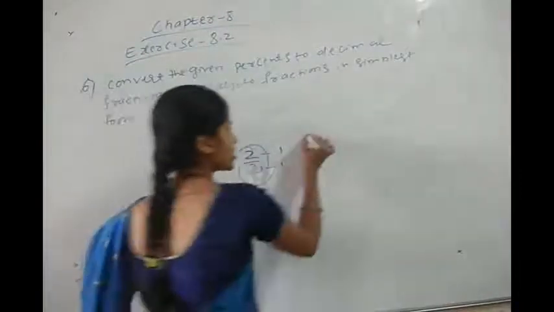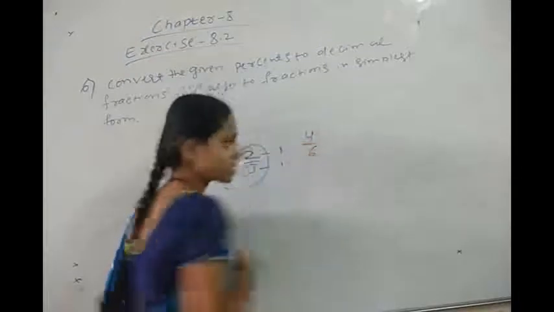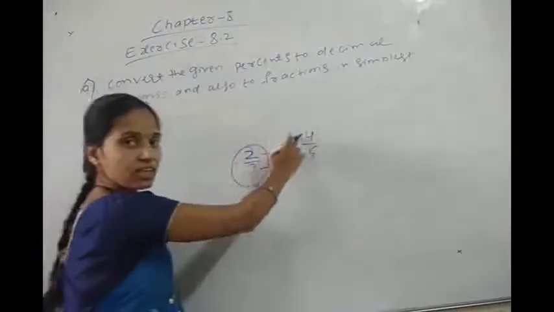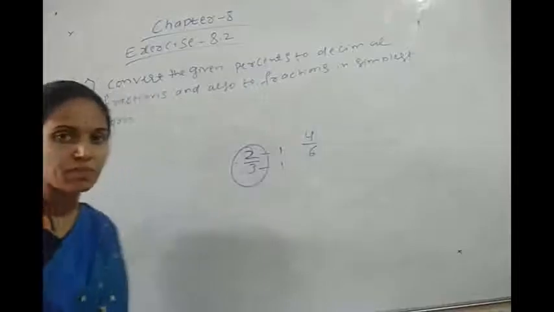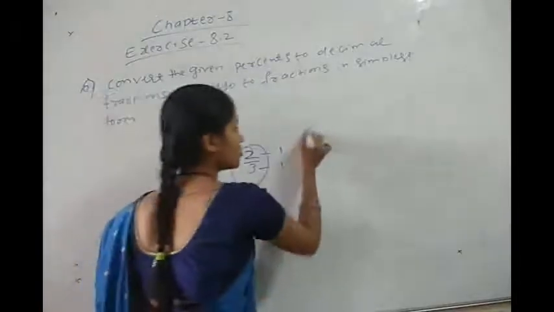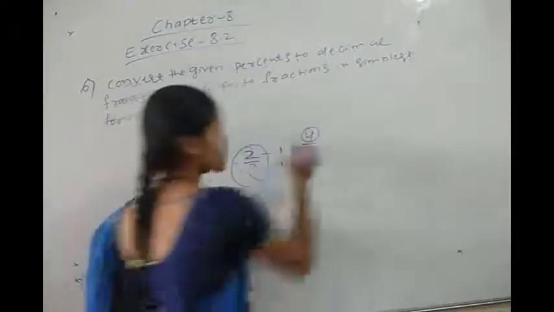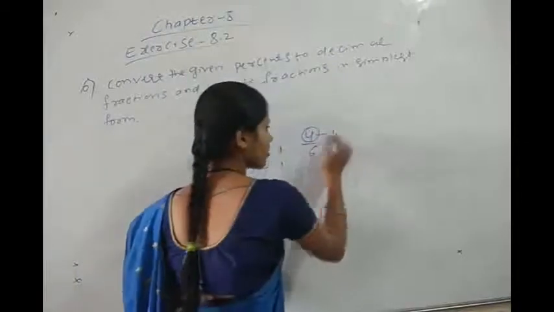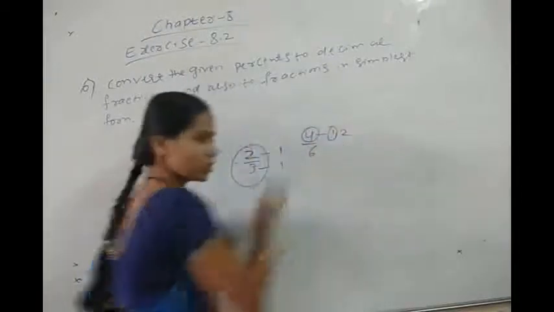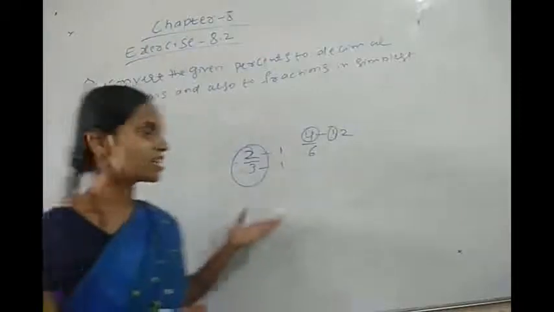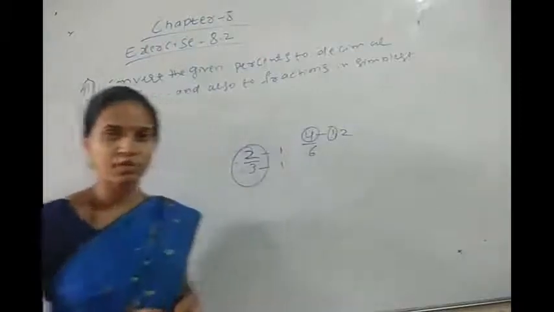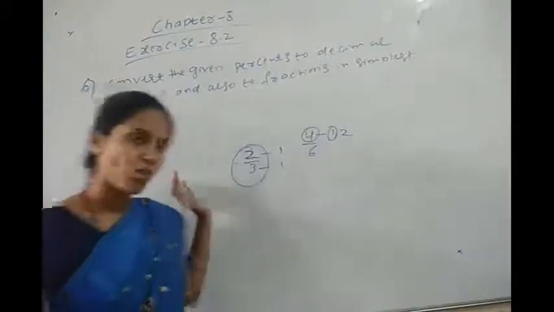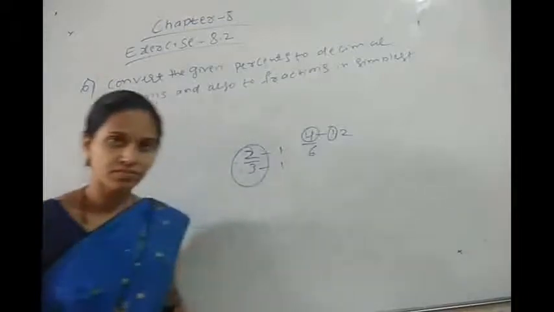So for example, if you are having 4 by 6, this is not in its simplest form, because in the numerator we are having 4. The factors of 4 are 1 and 2. You can write 1 as a factor, because the simplest form fraction also has 1 as the factor.